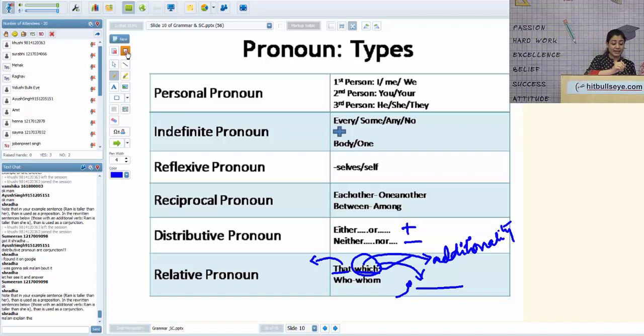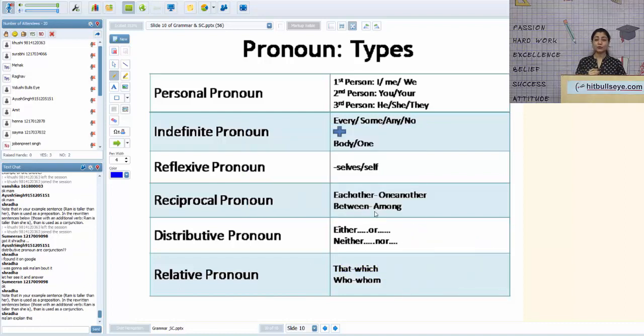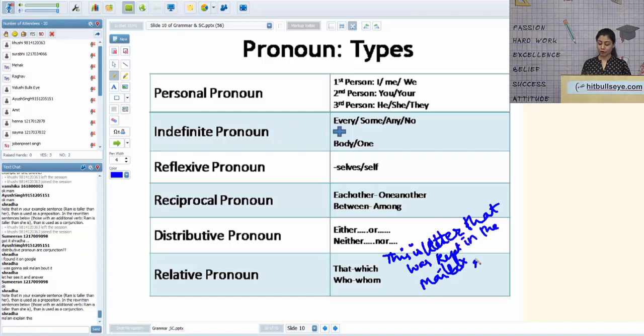Okay, let's take a tiny example to put that and which into perspective. If I say this is the letter, pardon me for my handwriting, this is the letter that was kept in the mailbox, comma, which broke yesterday.